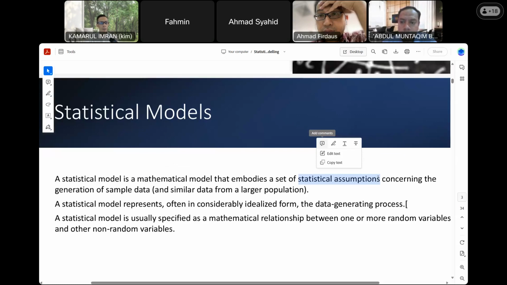For example, in linear regression or in most statistical analysis, the assumption would be random sample. If you don't conduct random sampling, then your model violates the assumption.